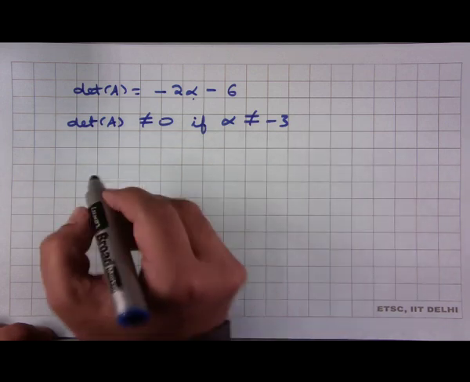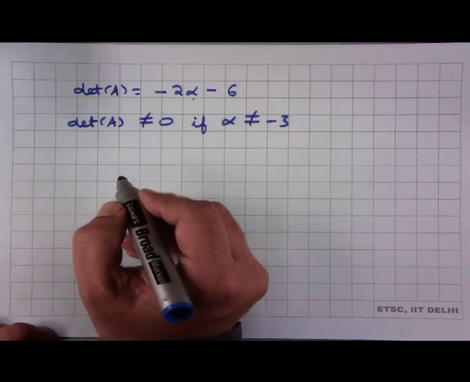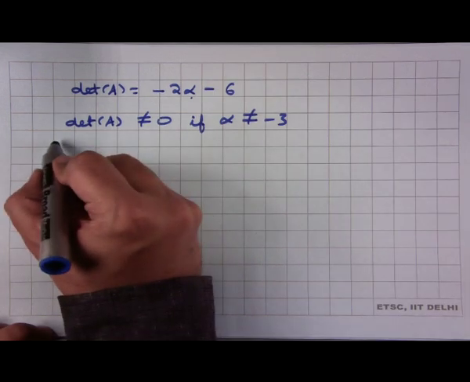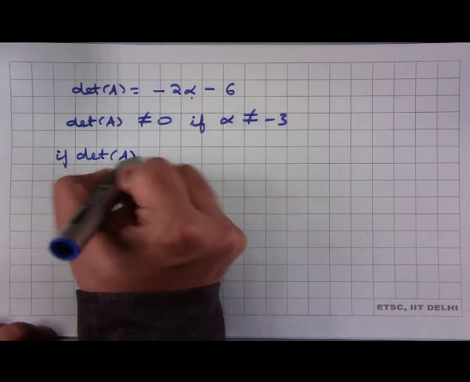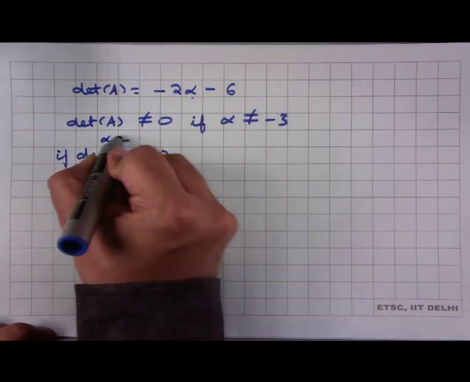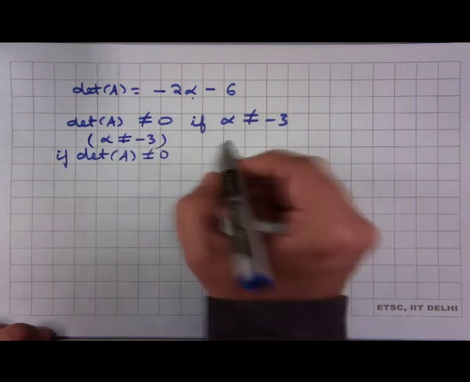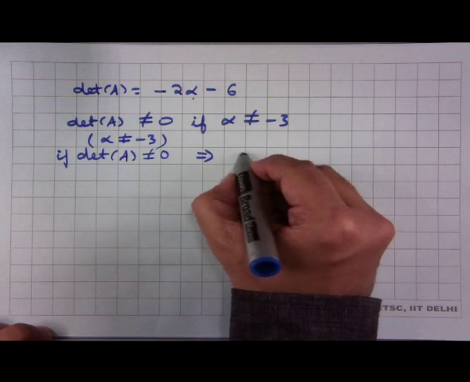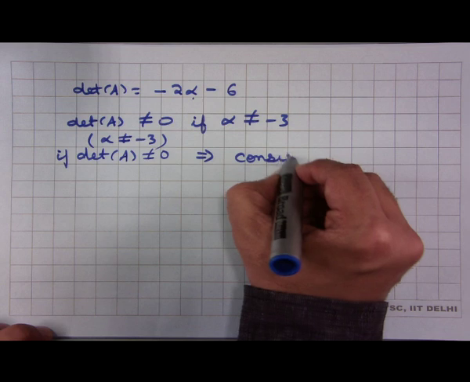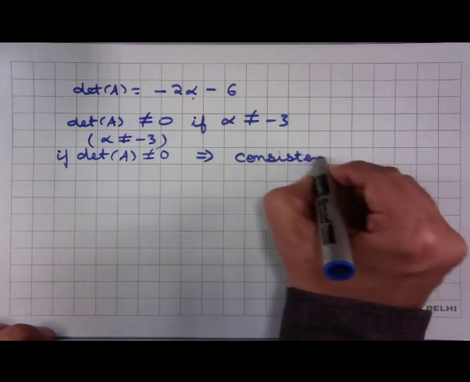Now, what the statement says is that if determinant of A is not 0, because that is what they say, alpha not equal to minus 3, then what can we say about the system of equations? Then we automatically say that it is a consistent system.